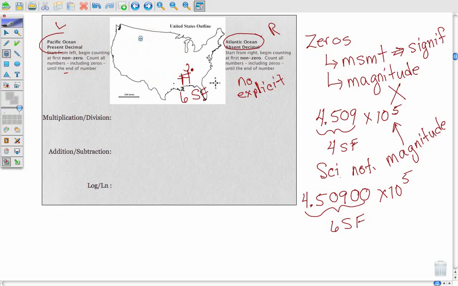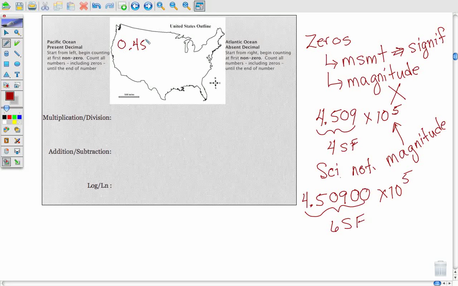Now let me review just a couple more before I forge ahead into the mathematical rules again and reviewing some of those. Let's take a look at this number. If I had 0.450900, you first ask yourself, do you have an explicit decimal point present? And the answer is yes.